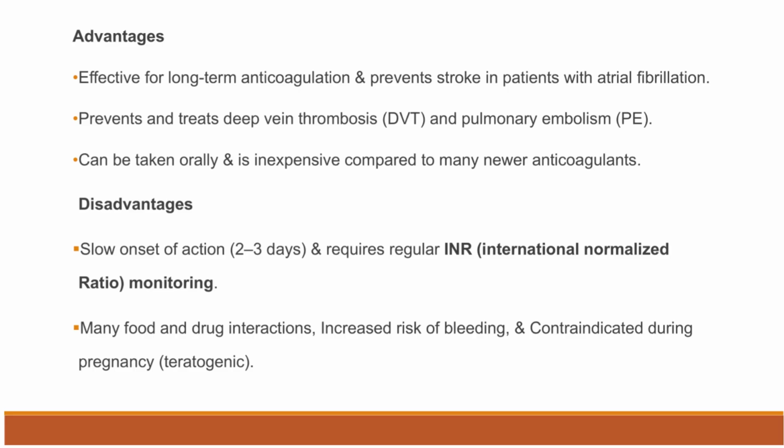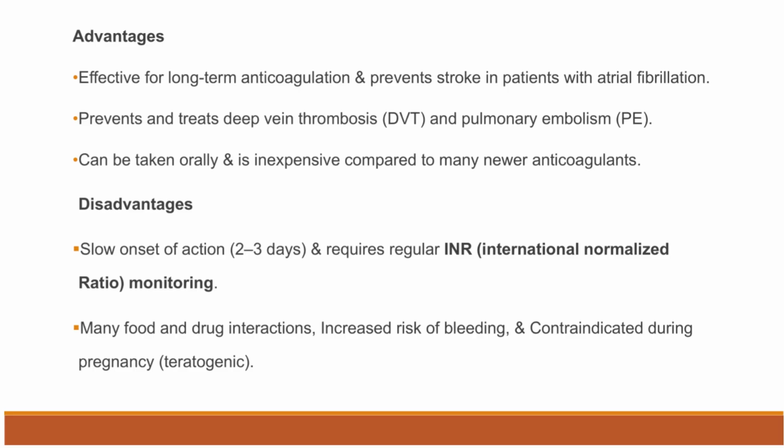So instead of measuring the drug directly, we measure how long the blood takes to clot using a test called prothrombin time or PT. Since the PT values differ between laboratories, we use a standardized value called INR, that means International Normalized Ratio.